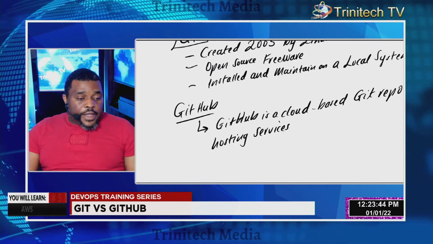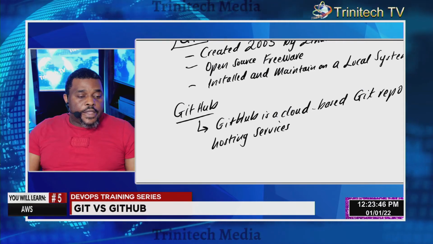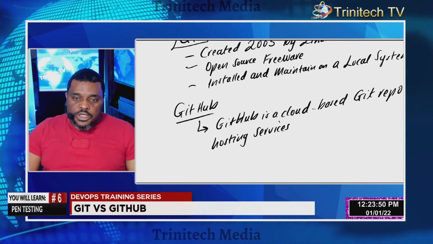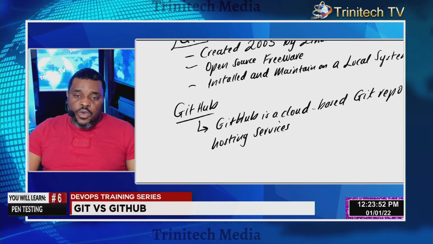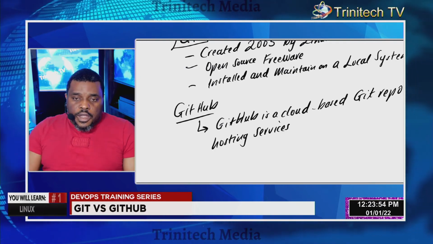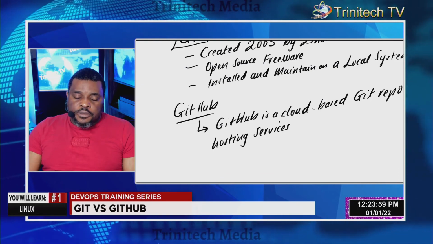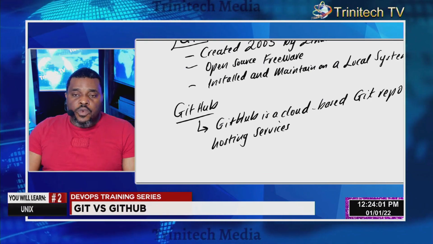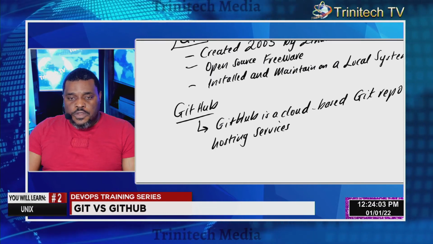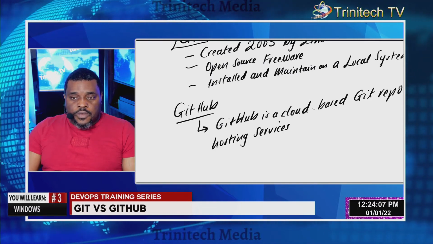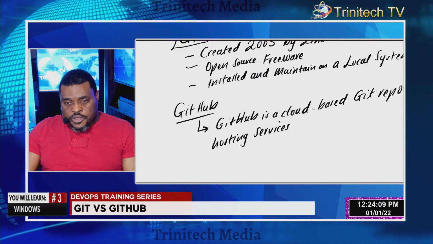So again, this is our definition of Git versus GitHub. What have we learned? We have learned that Git is a version management system. It's open source freeware that can be installed on your local system. It comes with a local repo used for versioning.